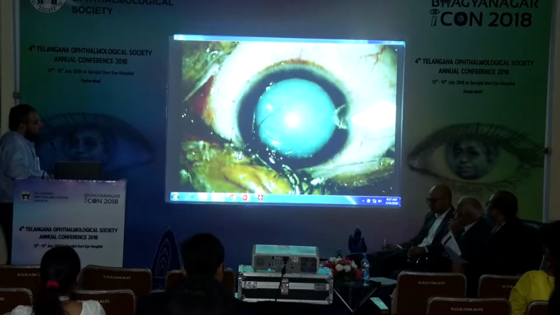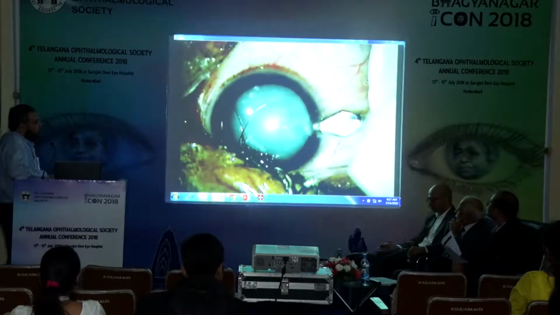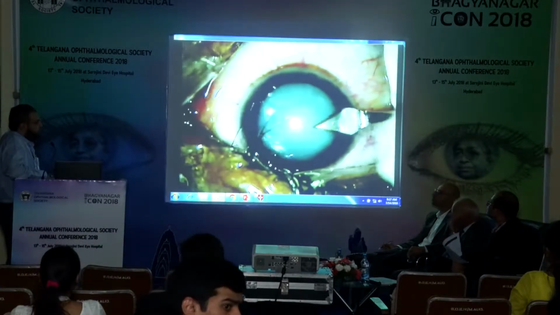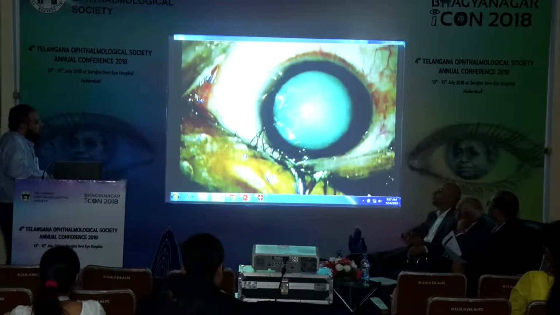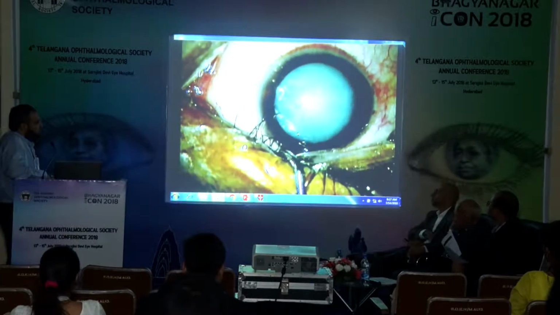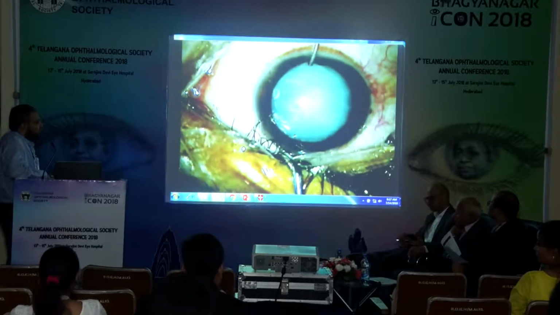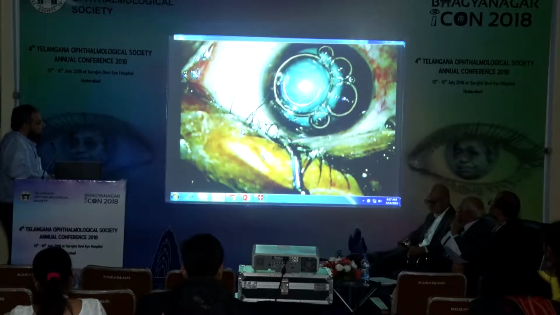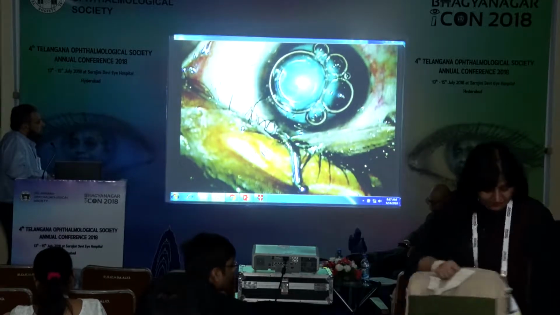A 2.8 millimeter incision is made. Staining the anterior capsule for better visualization with trypan blue.